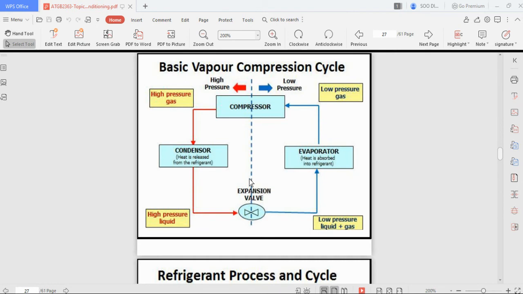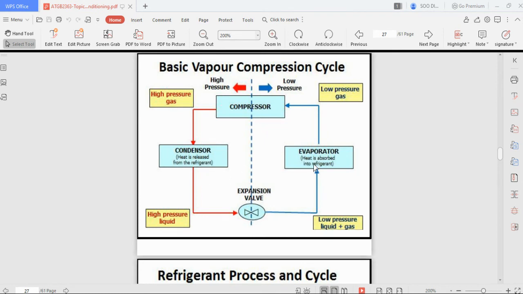The function of the expansion valve is to reduce the pressure. Once the pressure is reduced, it becomes a liquid and gas mix, and then it goes to the evaporator. At the evaporator, heat is absorbed into the refrigerant, and then it moves to the compressor. So this is a cycle.